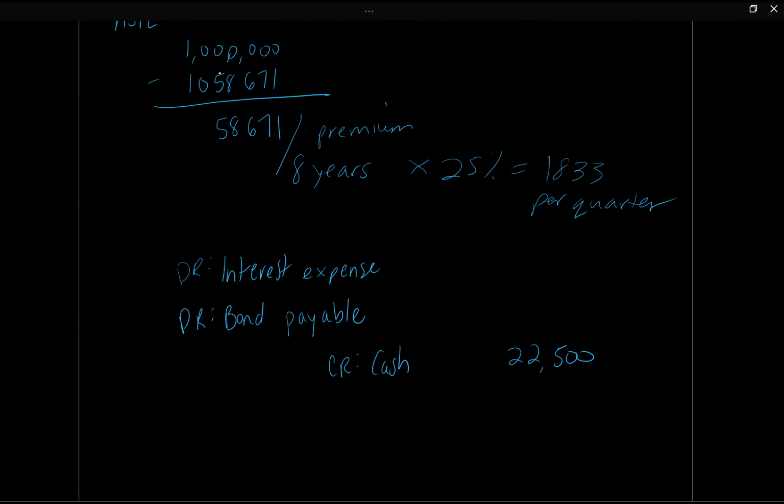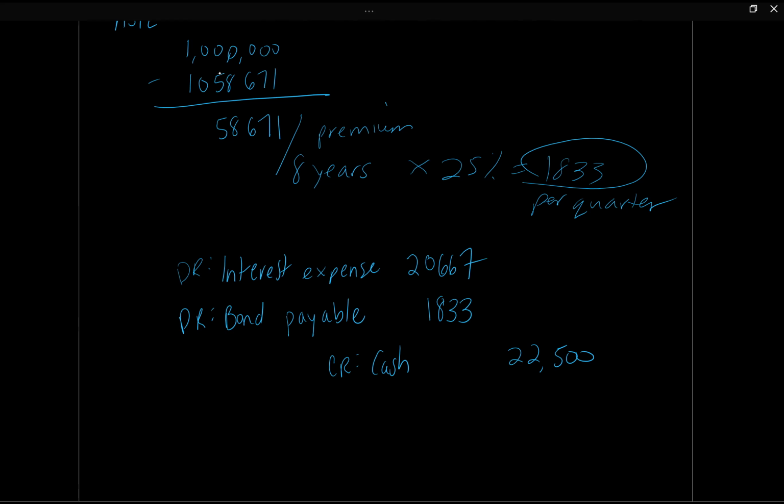Then we're going to have this amortization. So we know that we're going to be decreasing the bond in this case because the bond's on our balance sheet higher than $1 million. So we need to bring it down. We're going to be recognizing that every quarter. And then the difference is simply going to be our interest expense. So this is going to be $20,667 to balance that entry, simply the difference between those two.